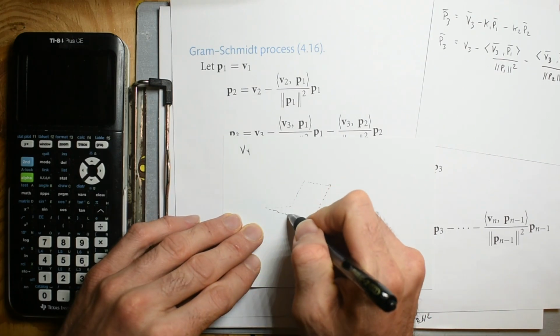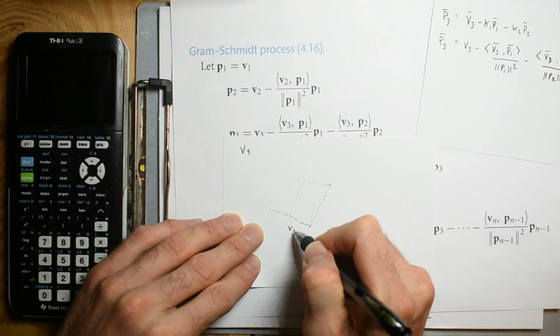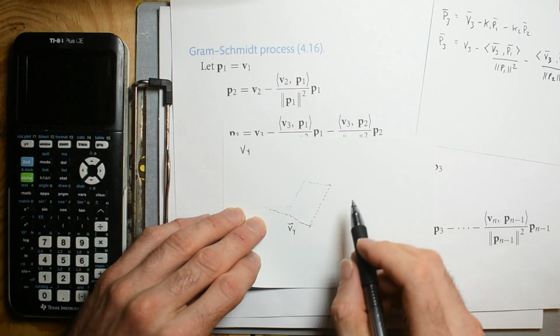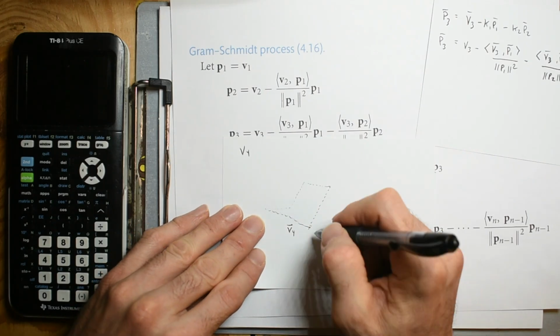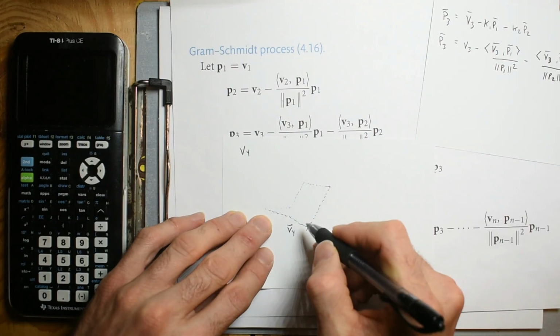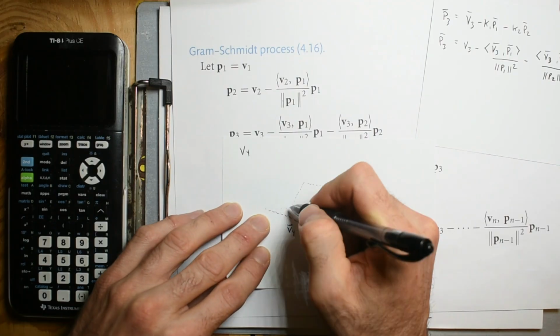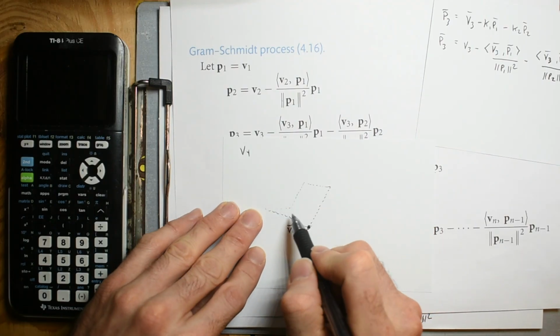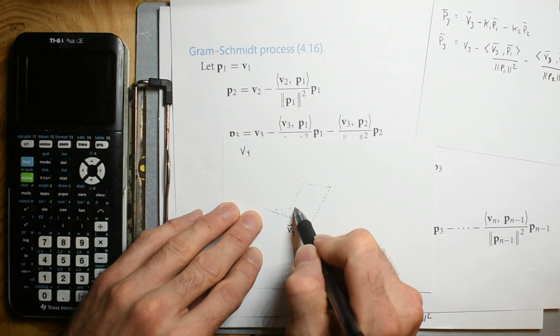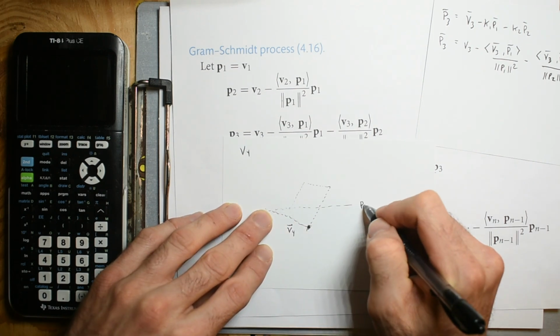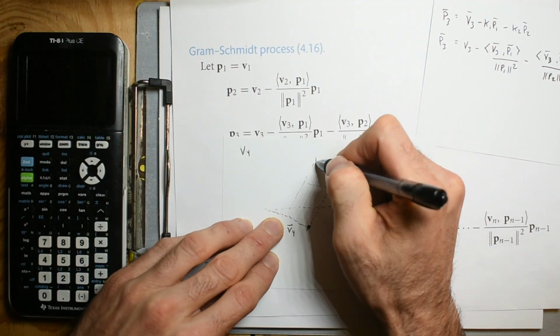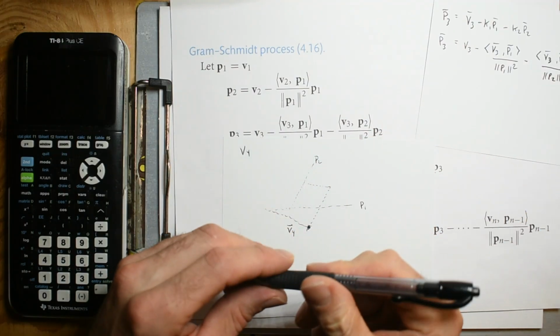So this is going to be V4, and we traveled in four different ways. We're going to say that this way was our first perpendicular, this way was our second perpendicular.